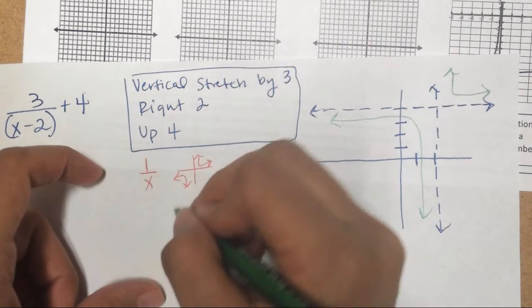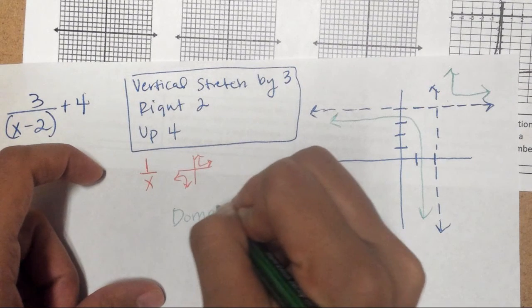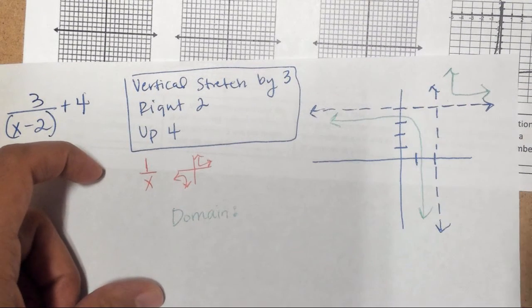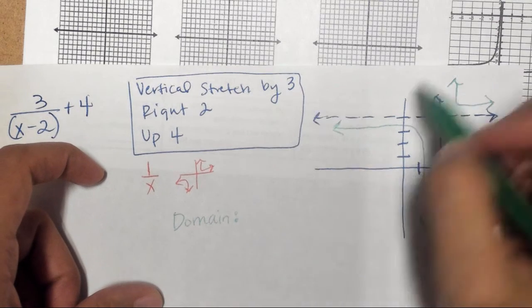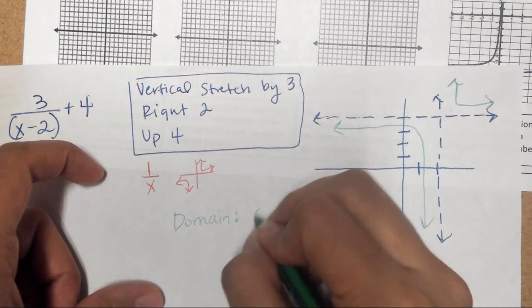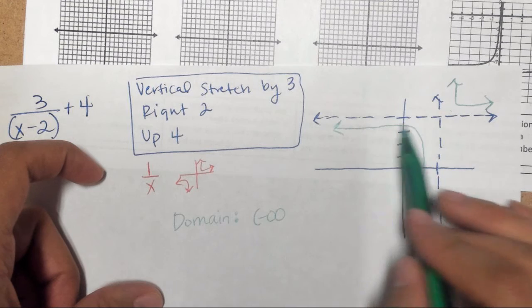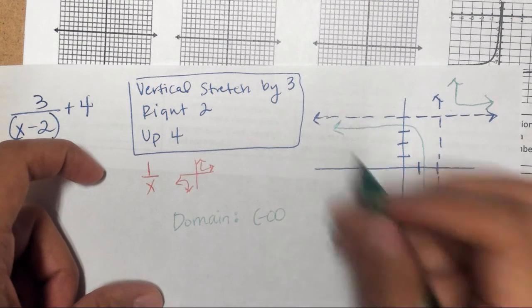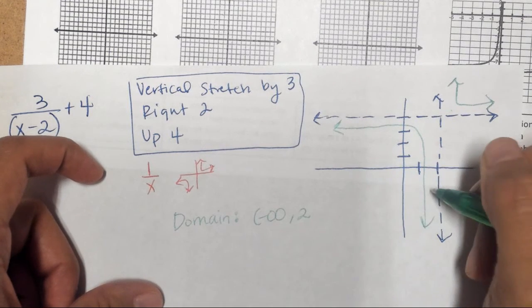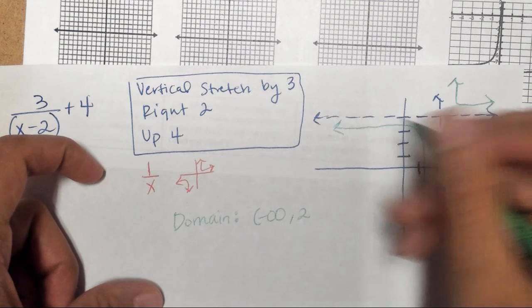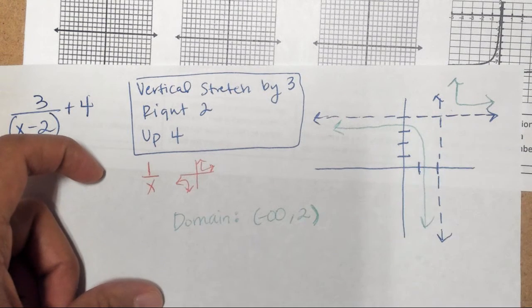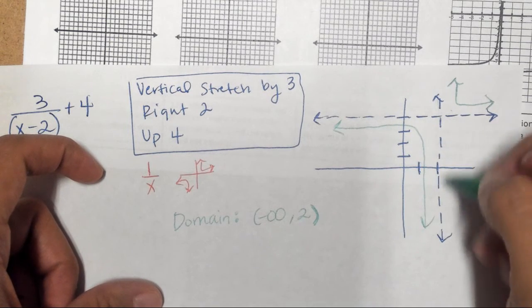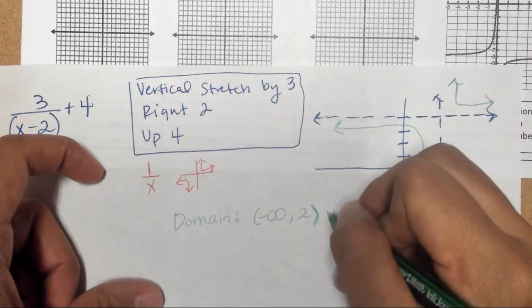Alright, so let me go ahead and list the domain. Looking at my graph, the domain is left to right, so I'm going to go negative infinity all the way till I get to my asymptote, and that's at 2. Now it's getting really, really close to 2, but it doesn't actually hit 2, so I'm going to put close parentheses, and there's a break in my asymptote, so that's union.